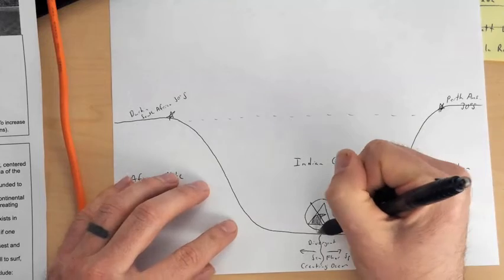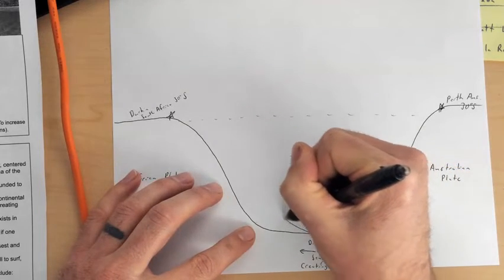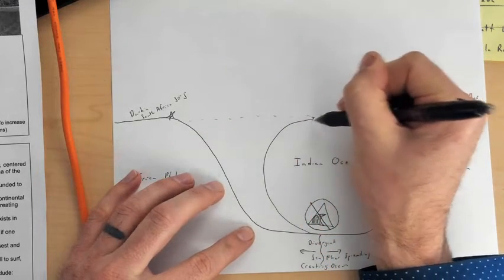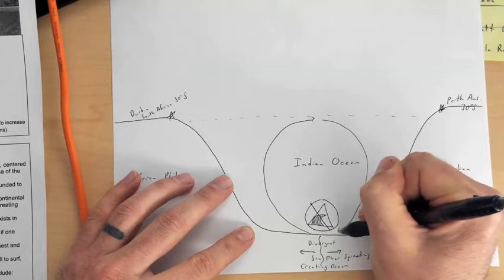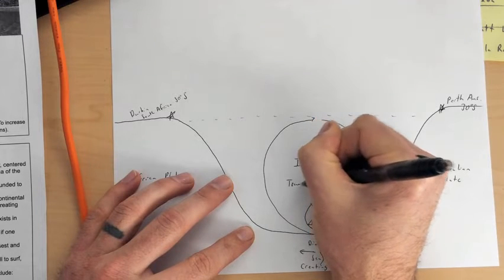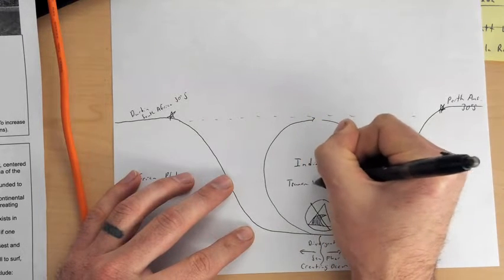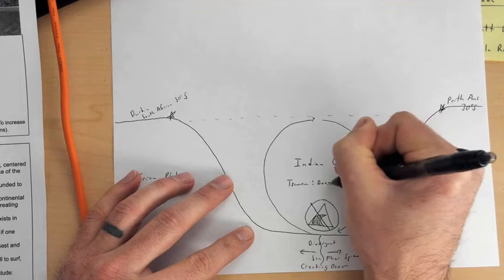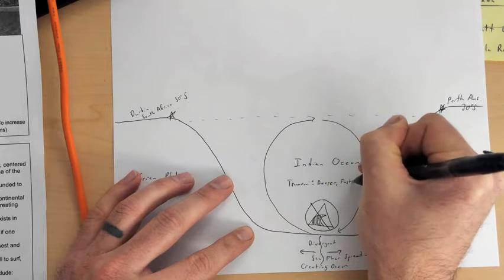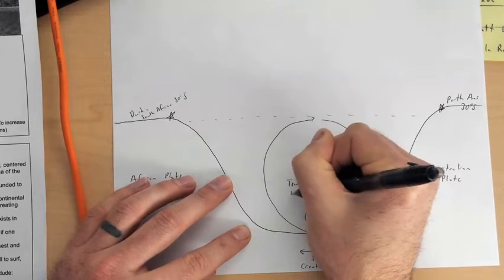If there was a tsunami, then that would create an orbital movement of the water in the entire ocean basin. And that tsunami is going to be deeper. It's going to be faster. It's going to be lower.